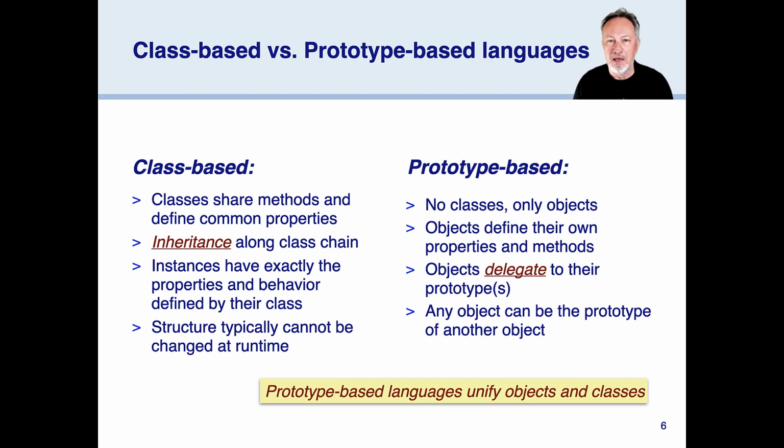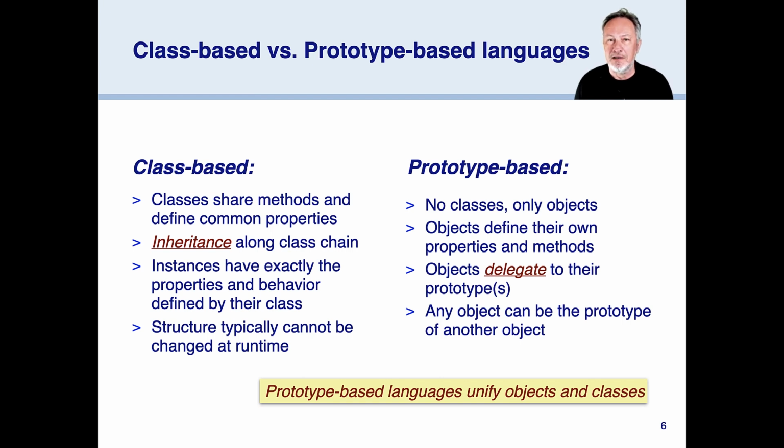So in the end, with a prototype-based language, you can achieve a lot of the features of class-based languages. However, what's interesting is that because any property of an object in a prototype-based language can be updated at runtime, you have a much more flexible and dynamic system.